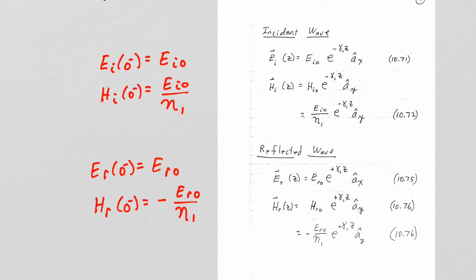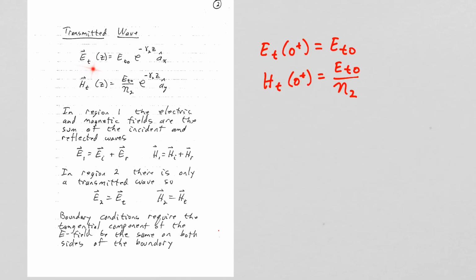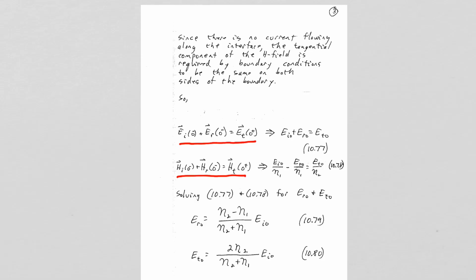Similarly, for the reflected wave, and at z equals 0, the transmitted electric field intensity is just the amplitude of the electric field intensity, and the transmitted magnetic field intensity at z equals 0 is just the amplitude of the electric field intensity divided by the intrinsic impedance of material 2. So here we've made those substitutions.